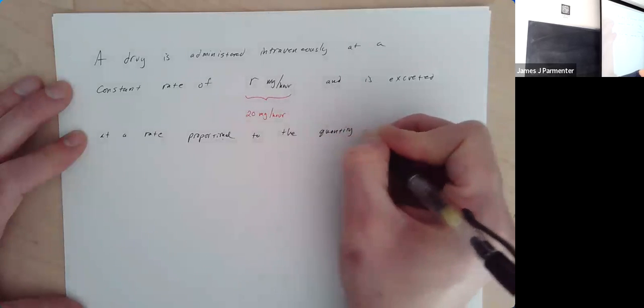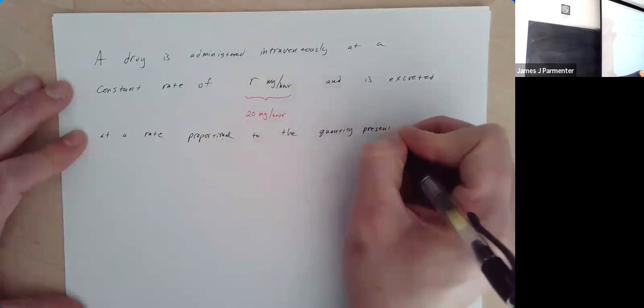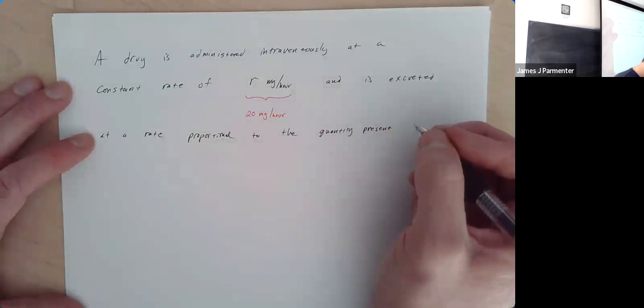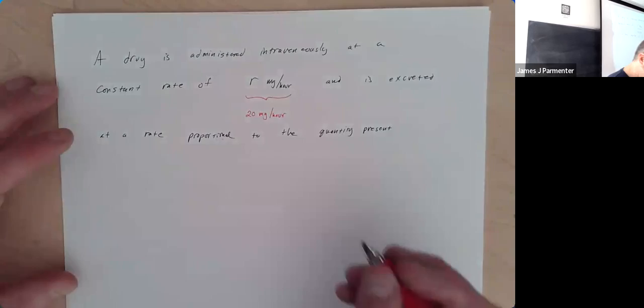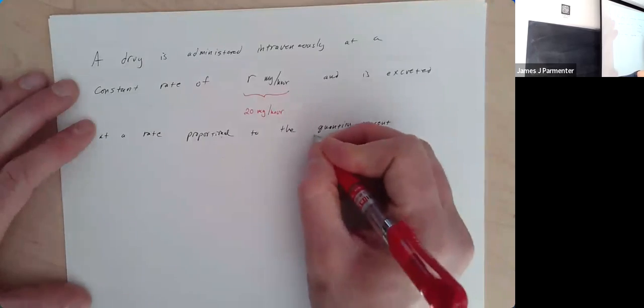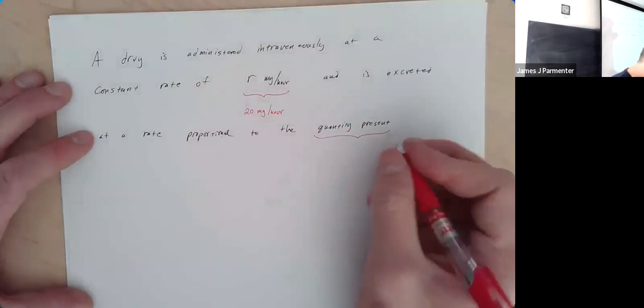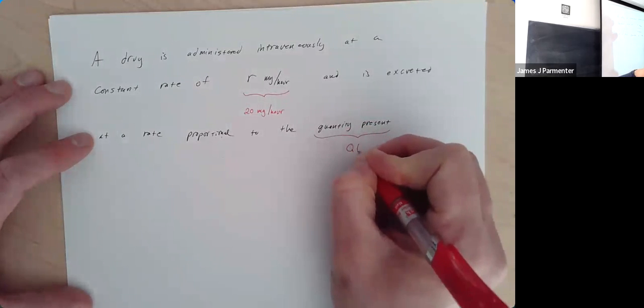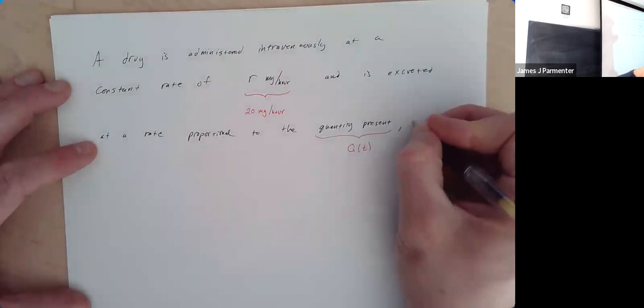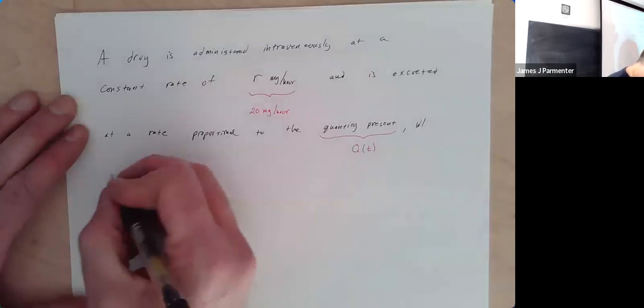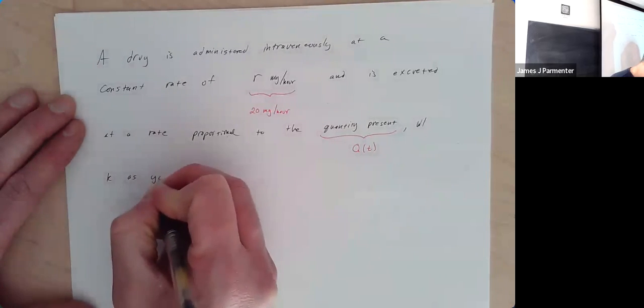Now I'll point out that in the next question, they say set up a differential equation for the quantity Q. So the quantity present is what Q is representing. So this is your Q of t. And then they also say, with K as your constant of proportionality, just so you know what constant letter to use.